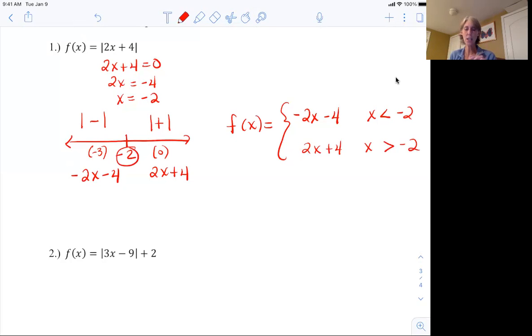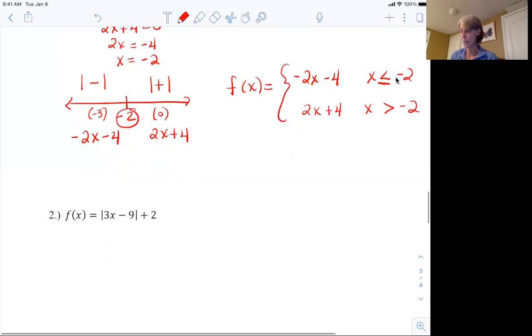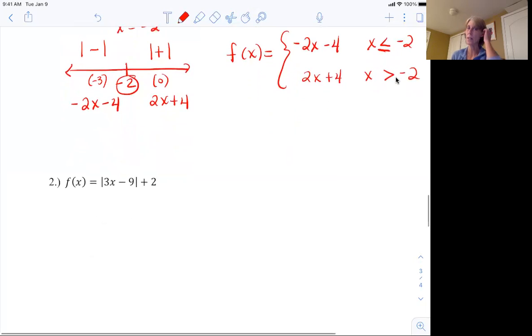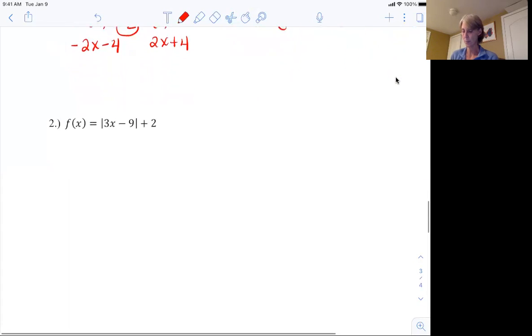You can attach negative 2 to either function. It doesn't really matter this year. We just have to give negative 2 a place to go. So we'll just plug it in the top one for this example. Next year, we'll talk a little bit more about that, but this year, that's great.